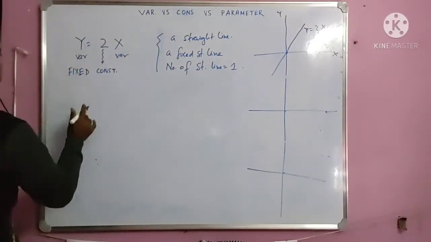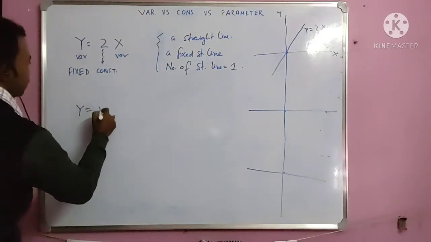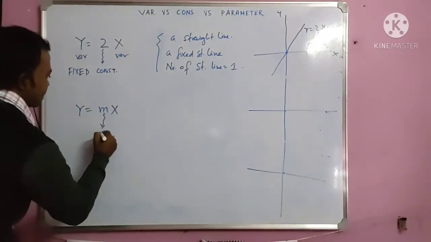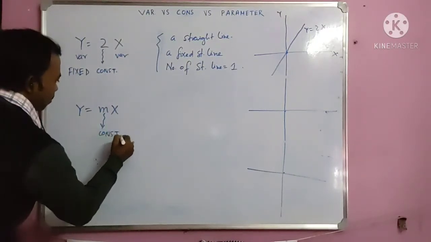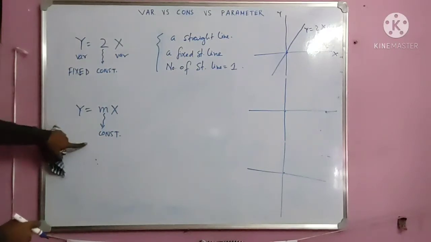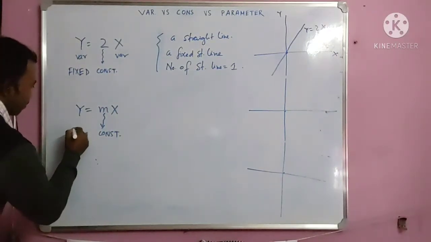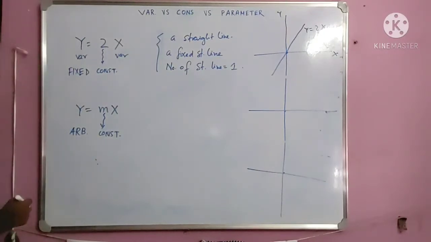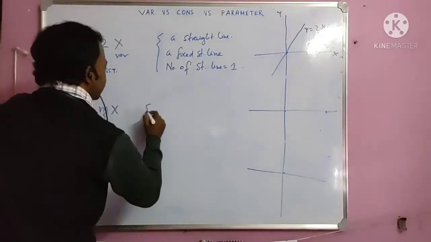Now we are writing this equation in this way: y equals mx. See what we are doing? Still, this is a constant here, but this constant is a little bit different from these things. We are not fixing this constant. We call it here an arbitrary constant. So what does this give?